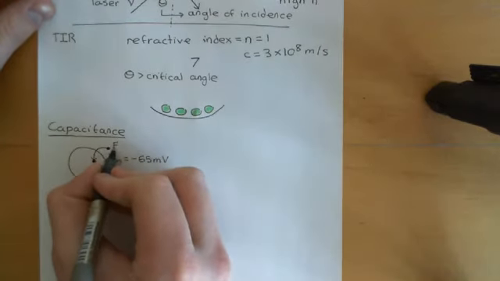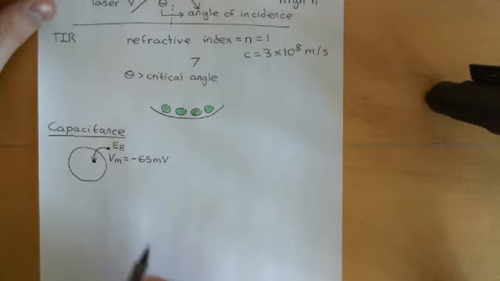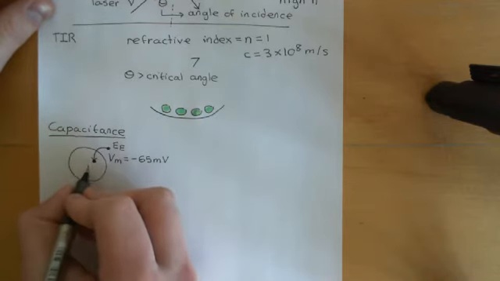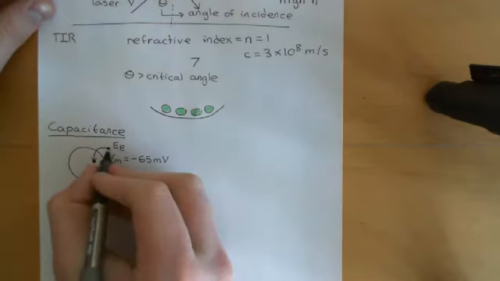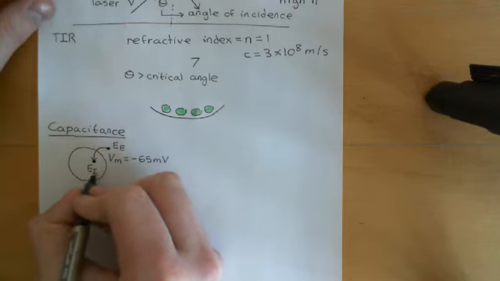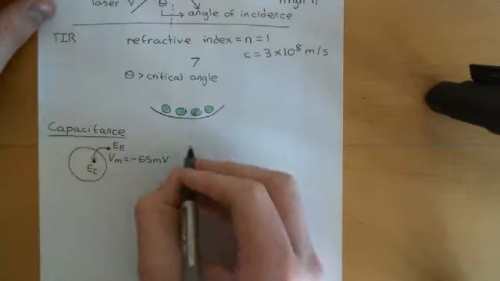If I give some symbols here, let's denote the electrical potential extracellularly as capital E subscript E, capital E for electrical potential, subscript E for extracellularly, and the electrical potential intracellularly as capital E subscript I. If I move from here to here, the electrical potential intracellularly is smaller than the electrical potential extracellularly, and it's smaller by 65 millivolts.